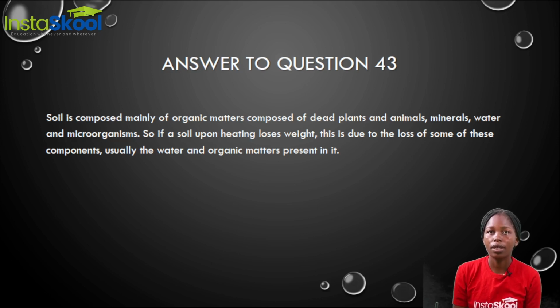This organic matter is made up of dead plants and animals. It is also composed of water, minerals, and microorganisms. So if a soil upon heating loses its weight, this can be due to the loss of some of these components, like the organic matter that is present in it, and also loss of water.